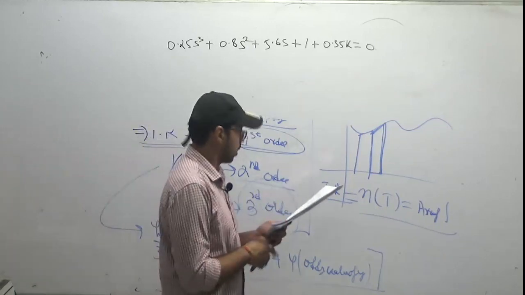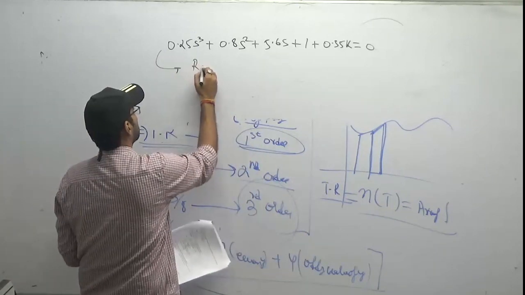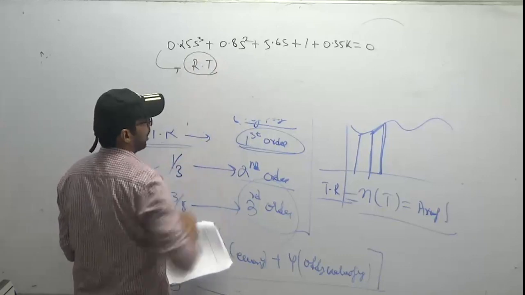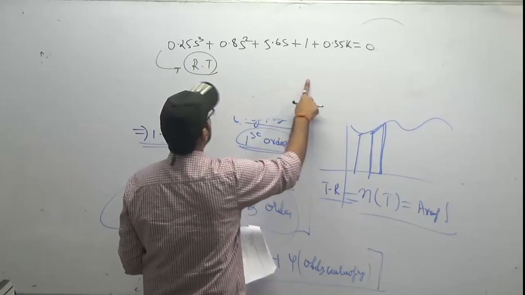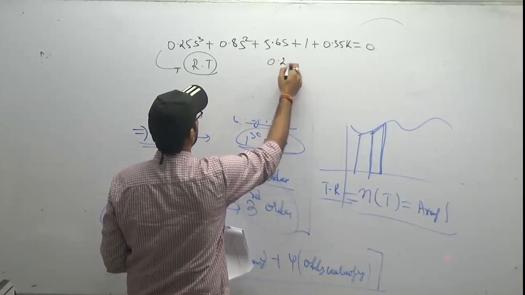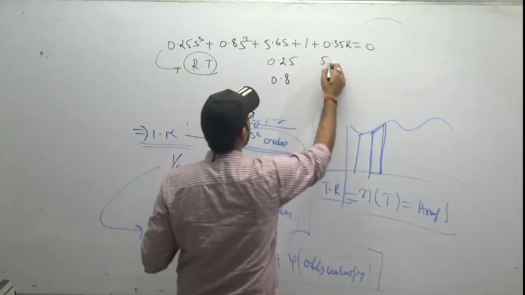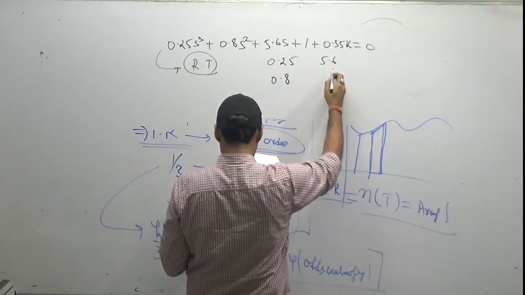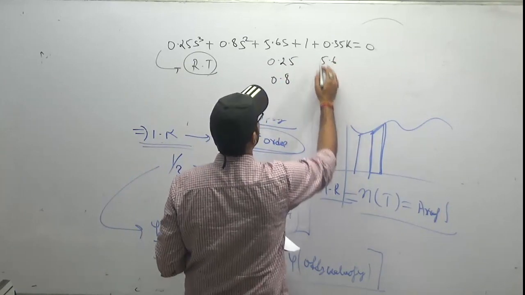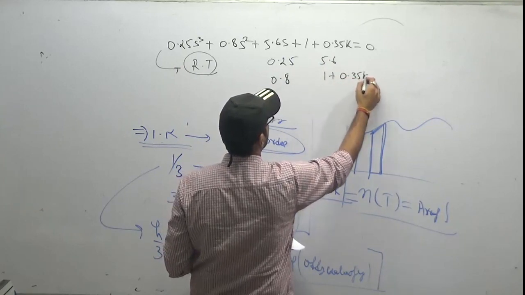Now, for this question, first apply the Routh test. From here we have 0.25, 0.8, 5.6, and 1 plus 0.35 k.